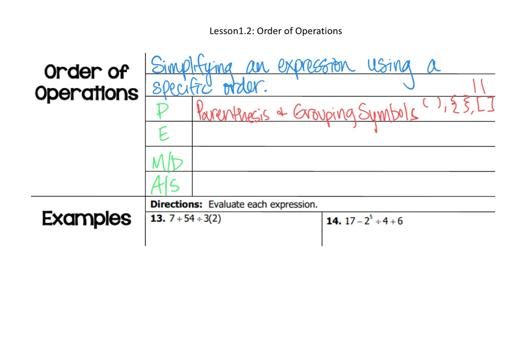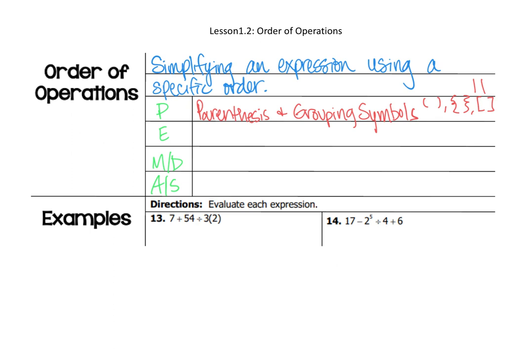And what we do is we start with the widest set, and then we start looking more inside to see which grouping symbols are the closest together, and that would usually be the innermost set of parentheses. We start there, and then we work our way out to the farthest reaching grouping symbols.